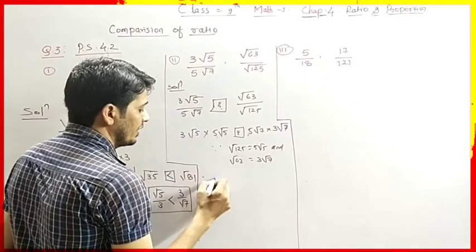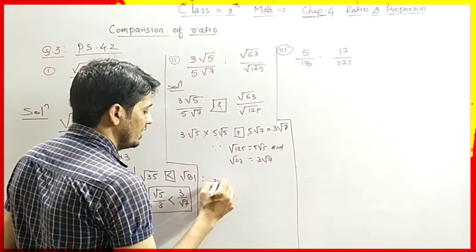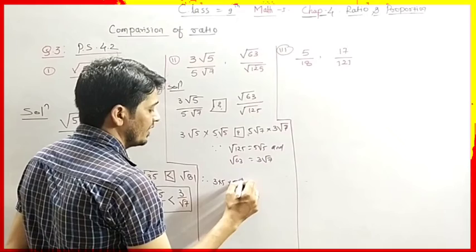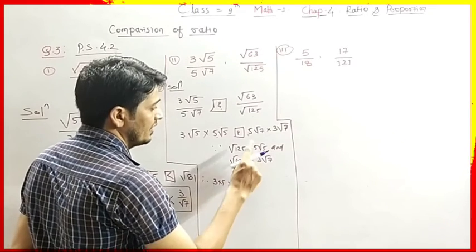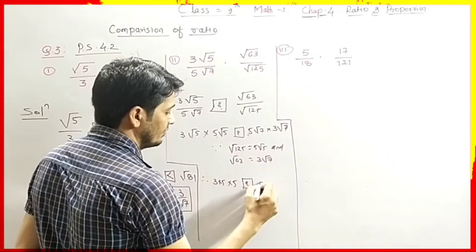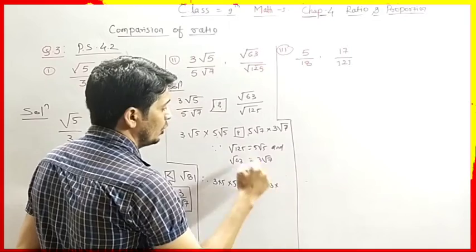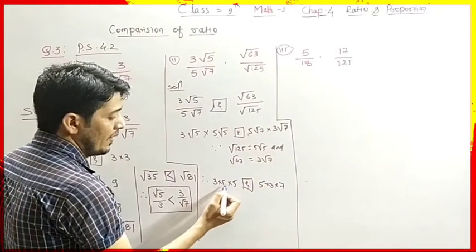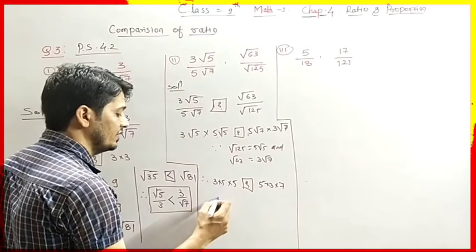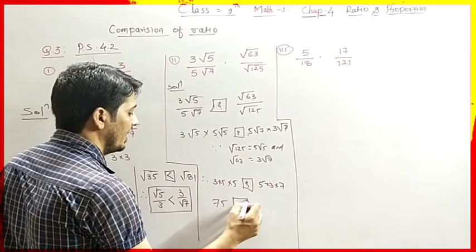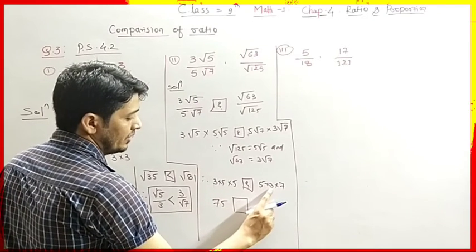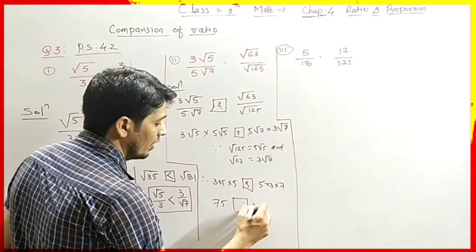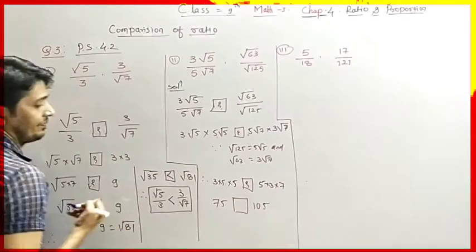3 into 5 into root 5 into root 5 is 5. Again in the box a question mark. Here 5 into 3 into root 7 into root 7 is 7. So now we multiply. 5 into 5 is 25, 25 into 3 is 75. And here 5 into 3 is 15, and 15 sevens are 105.